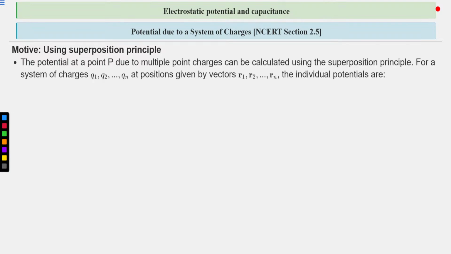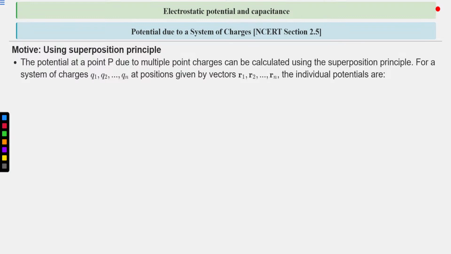Now, the superposition principle, as I have already mentioned: if there are multiple point charges present, then the potential at point P is the sum of the potentials due to all the charges present there.